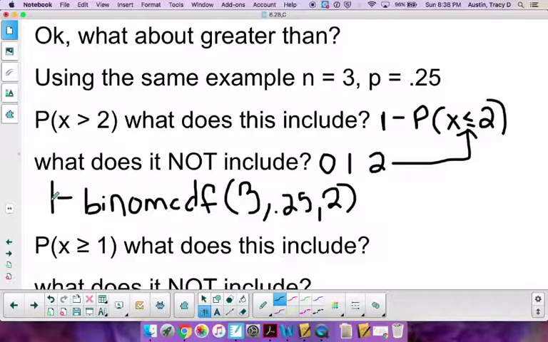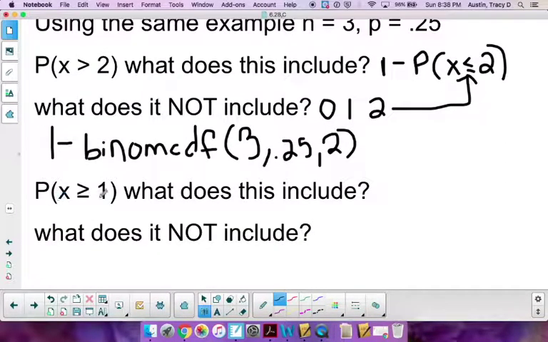All right, so let's try a greater than or equal to. Greater than or equal to 1. Well, what numbers from our same table does that include? That includes 1, 2, and 3. What does it not include? It does not include 0.